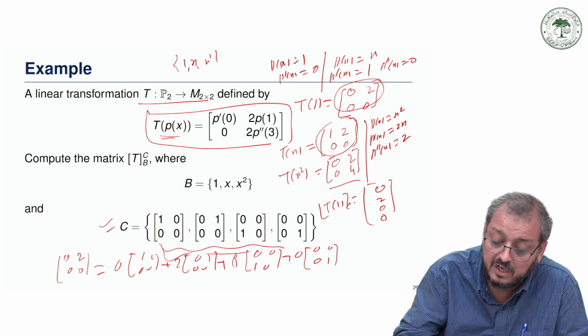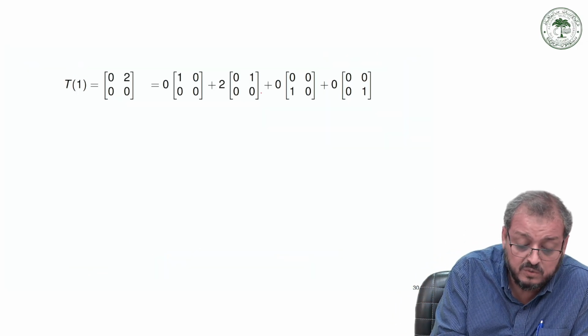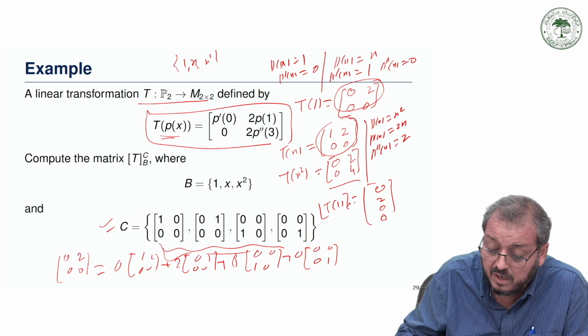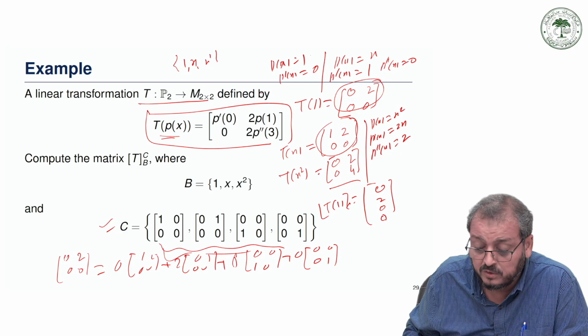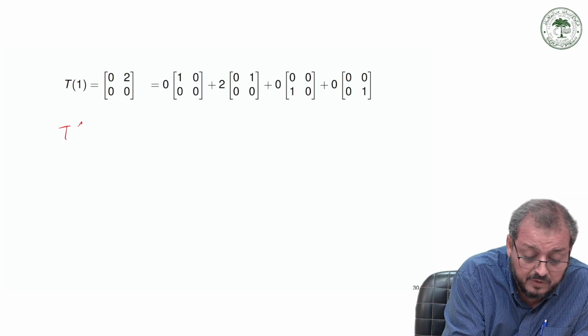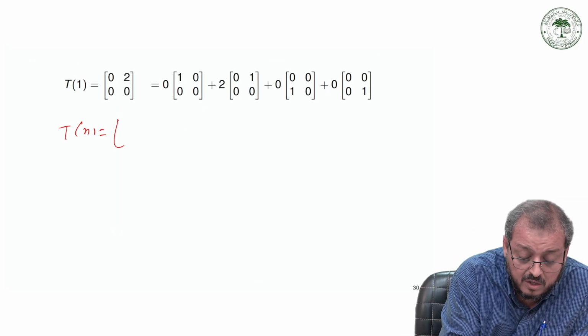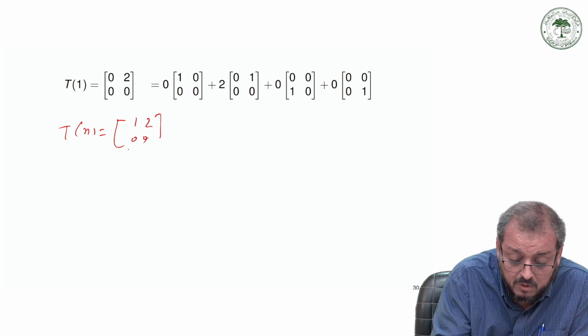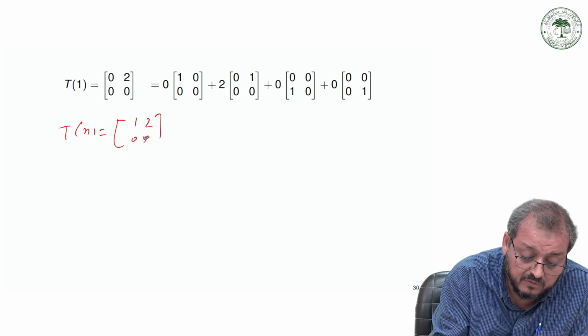In a similar fashion we can calculate the next one. Now the next one is T of x, which is 1 2 0 0.